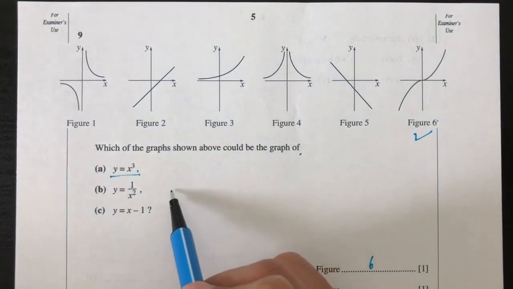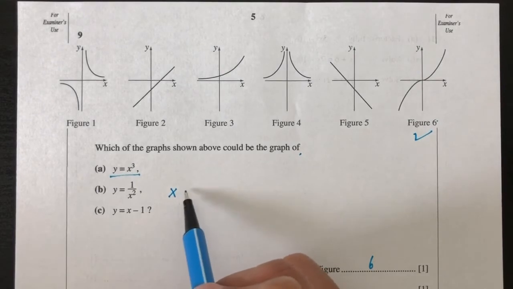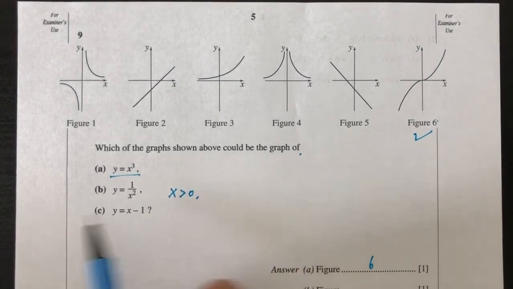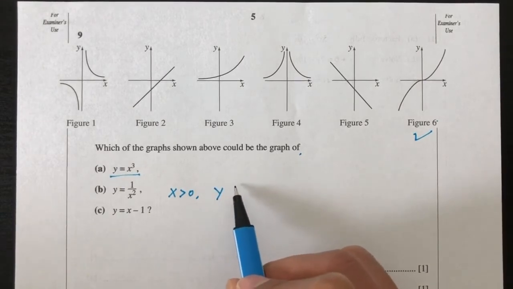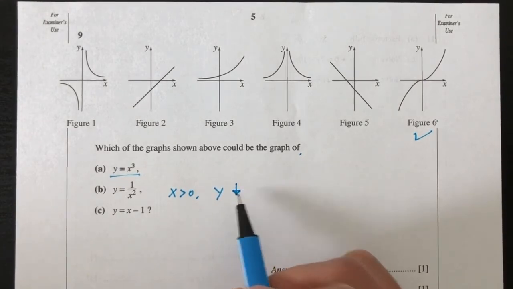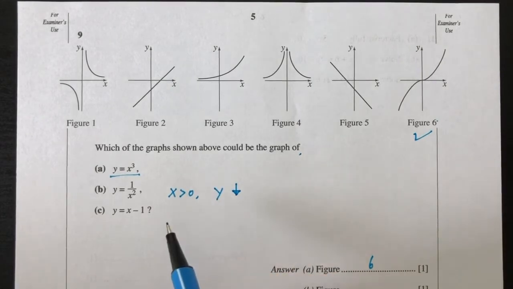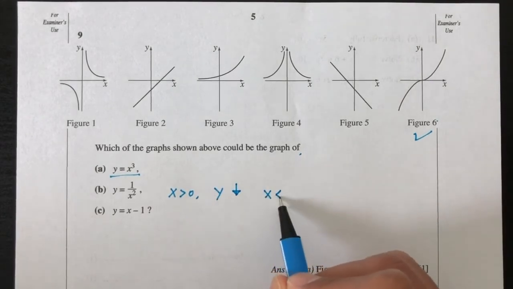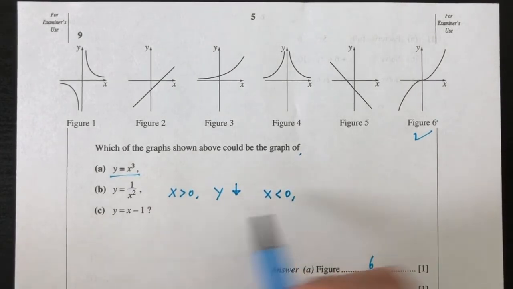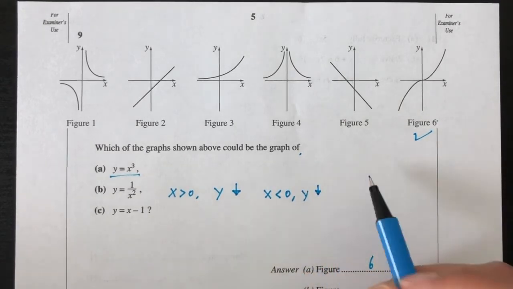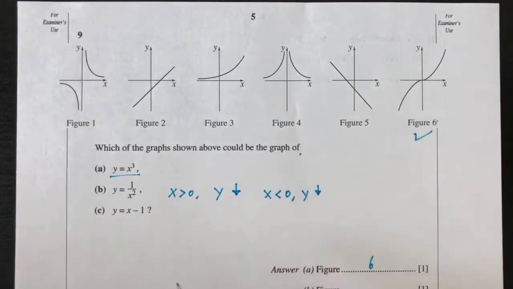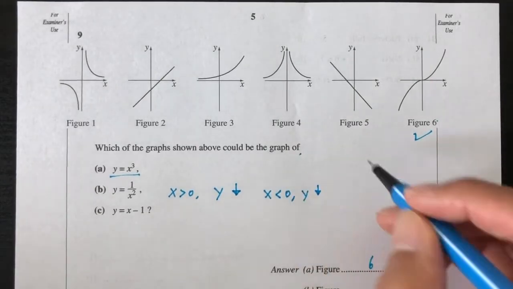So let's say x was positive. X goes this way. What happened to the value of y? Y decreases, but it never goes below 0. Let's say x was negative, because it is squared, y also decreases, but it never touches 0. So y will always be above 0, but it decreases and decreases.